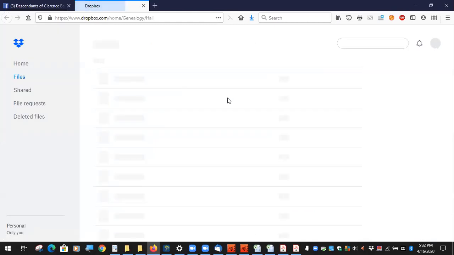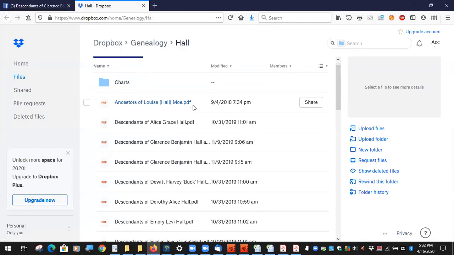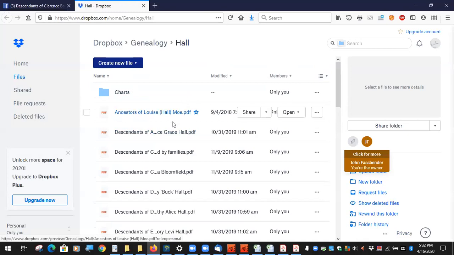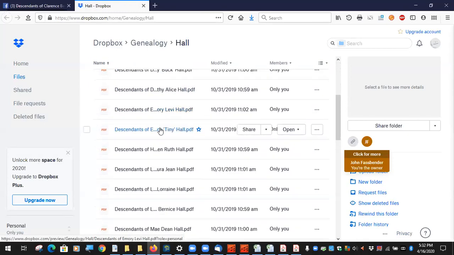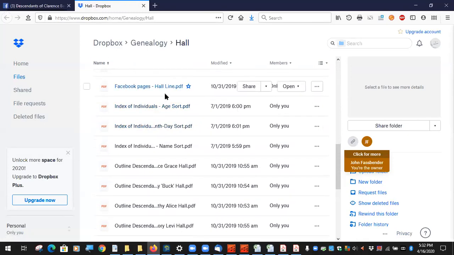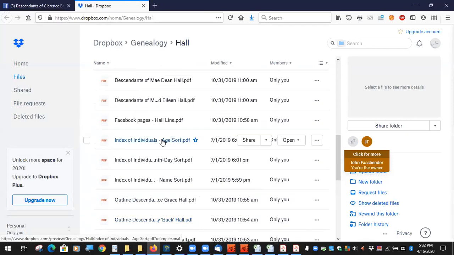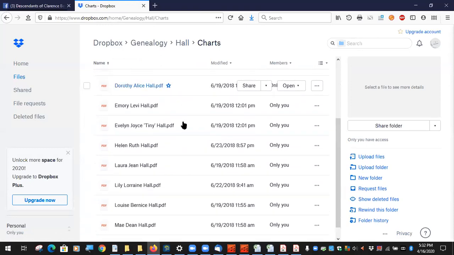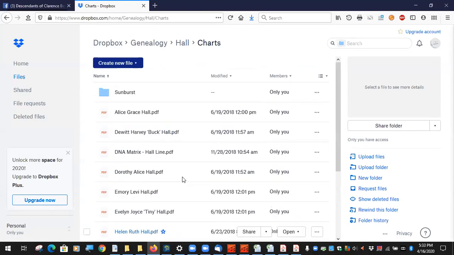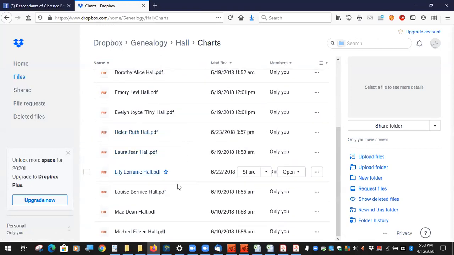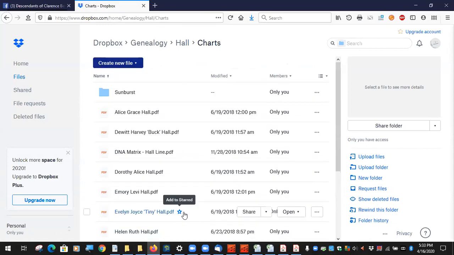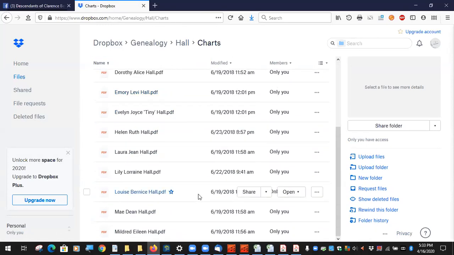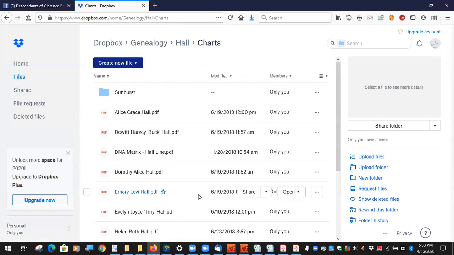So I do individual descendants, Facebook pages, index, outline descendants, and then individual charts. Then here's even the DNA matrix one.